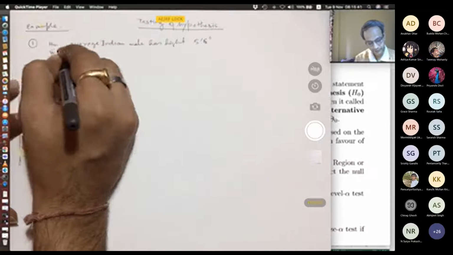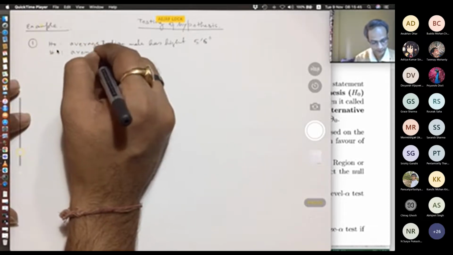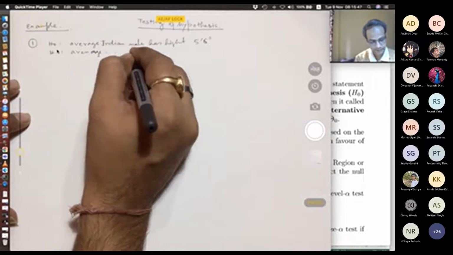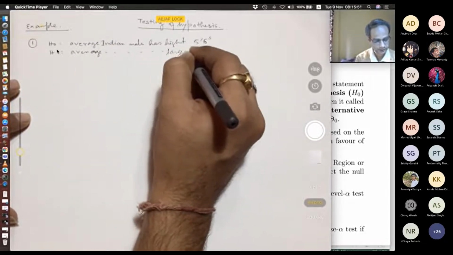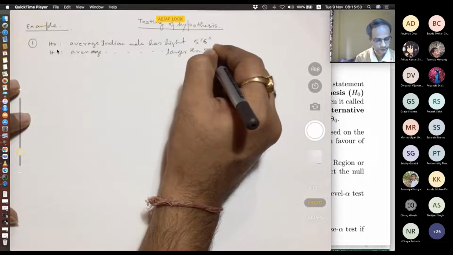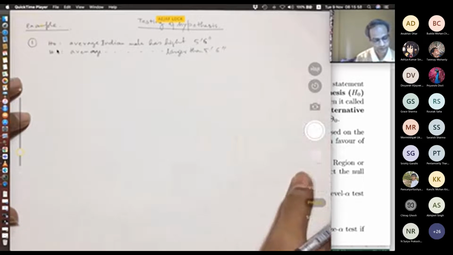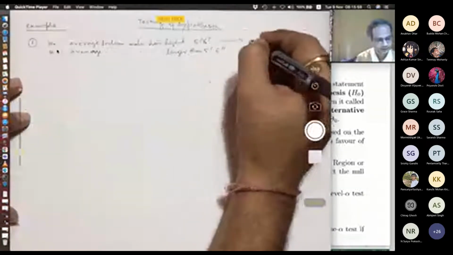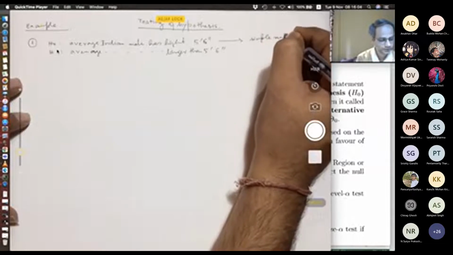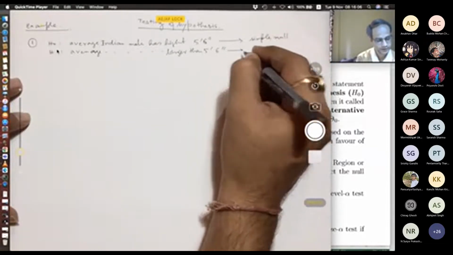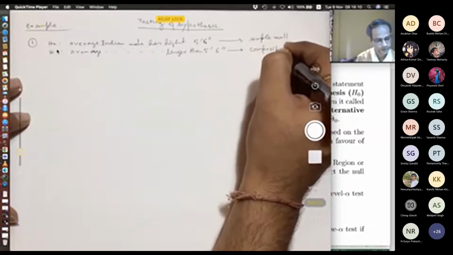Alternative: the average Indian male has height larger than 5 feet 6 inches. So this is a simple null, but this is a composite alternative.